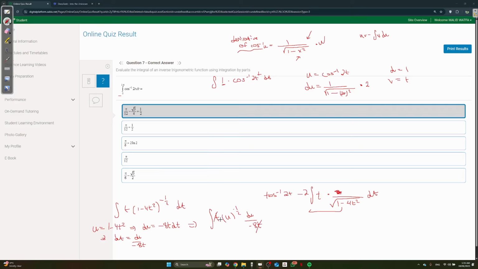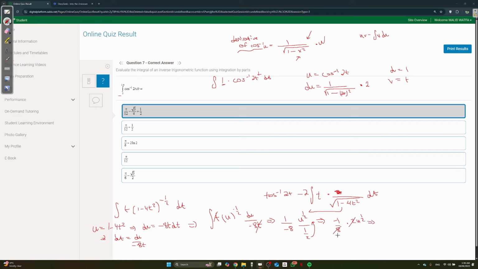The t on top and the t on the bottom will cancel. How do you solve this integral? It's going to be 1 over negative 8, take that out. u to the negative 1 over 2, what do we do to it? We add 1 to the power, so it becomes 1 over 2, and we divide by the new power. So it's going to become negative 1 over 8 times u to the 1 over 2, divided by 1 over 2. Fraction over fraction, we take the 2 up, so it's 2 u to the 1 over 2.